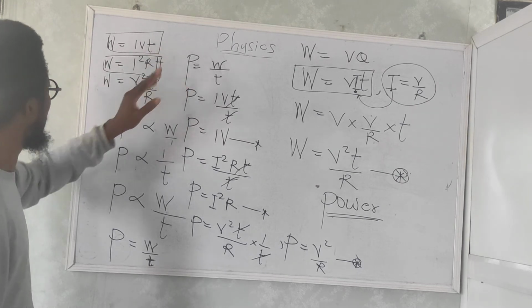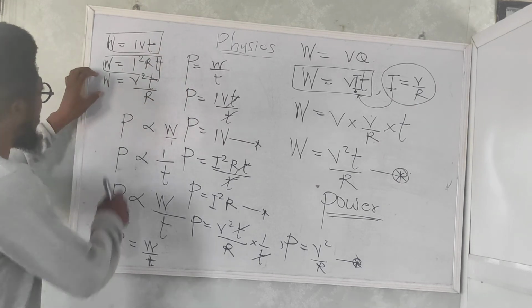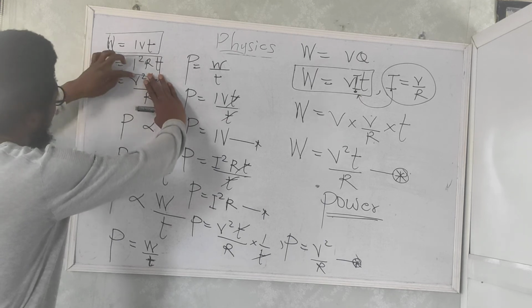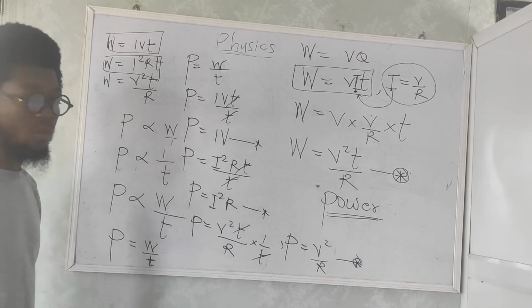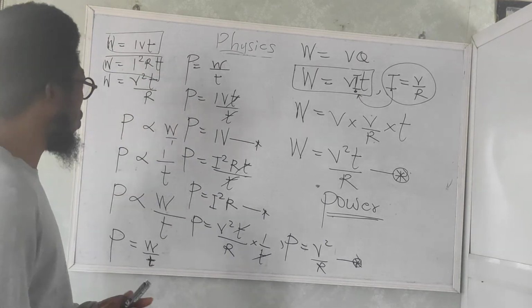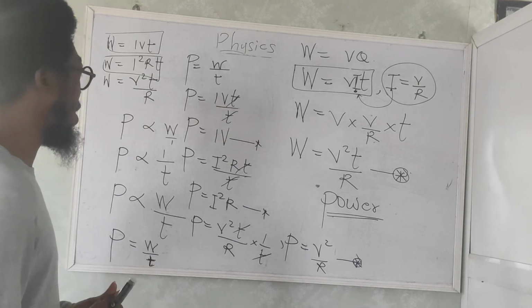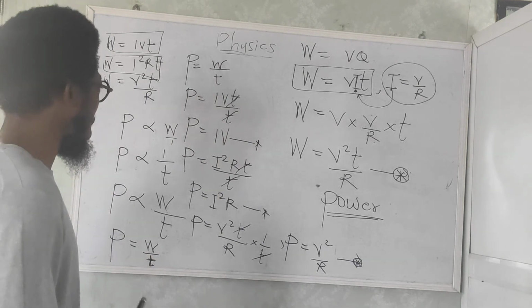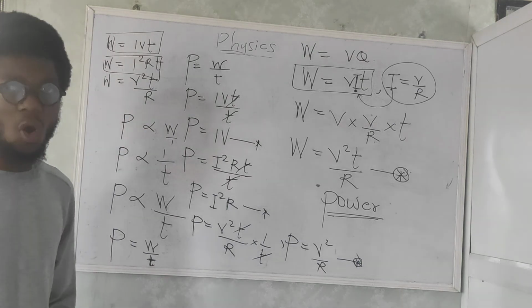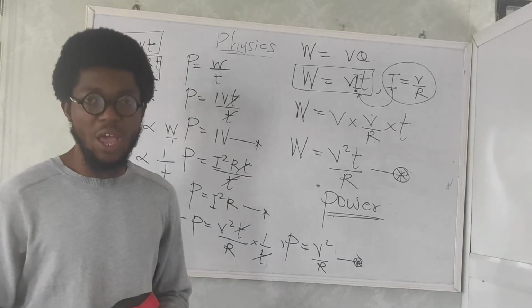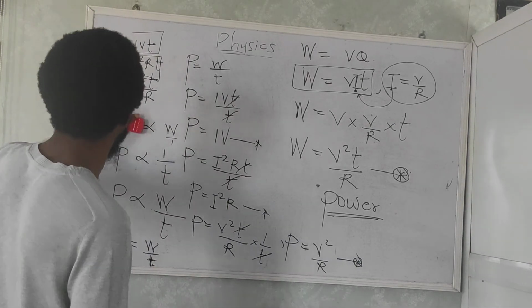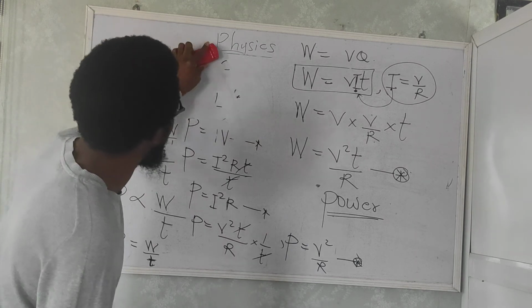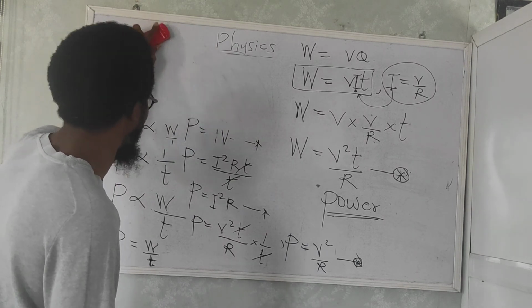And for the third one, power will be V squared over R. So these are the definitions of power, mathematically. These formulas will help us solve almost all the problems in physics as far as electricity is concerned. Now let's look at some of the topics proper.